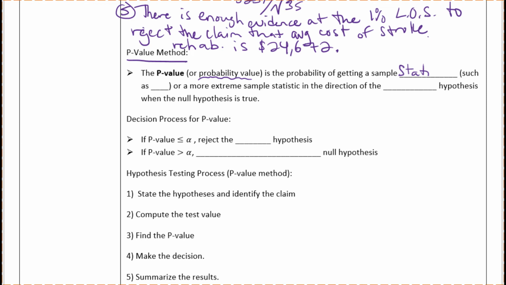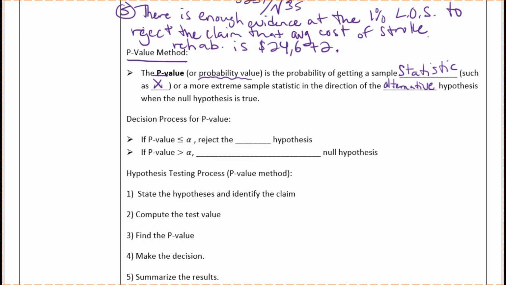A sample statistic, such as x bar. So x bar is a sample statistic. It's something that you measure and calculate based on your data, on your sample. So the probability of getting that sample statistic value, or a more extreme value, in the direction of the alternative hypothesis, assuming that the null hypothesis is true.